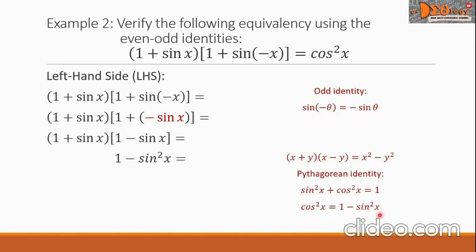This 1 minus sine square x is the same value that I have in the left-hand side, so I can replace this value by the cosine square x. So here it is now. And the cosine square x, I can see that this is now equal to the right-hand side. So we are able to show that the left-hand side is equal to the right-hand side.